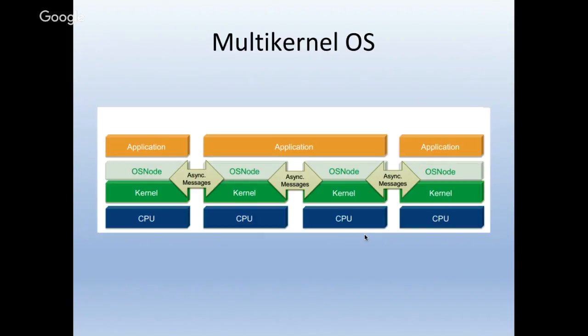Now, we have to run applications on top of that, and applications may share state between cores. Therefore, we replicate state between cores using asynchronous message passing. However, a multi-kernel model is not enough for dealing with dynamic cores, so we still need to deal with the OS node.